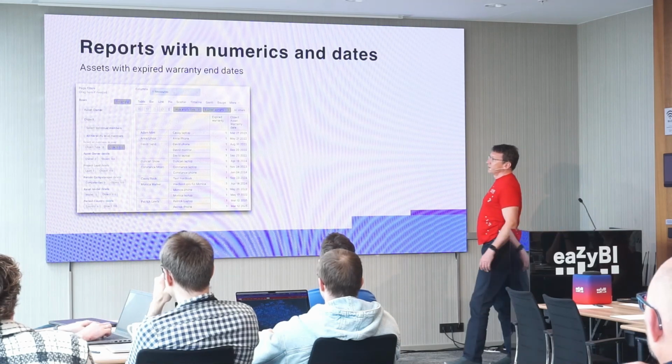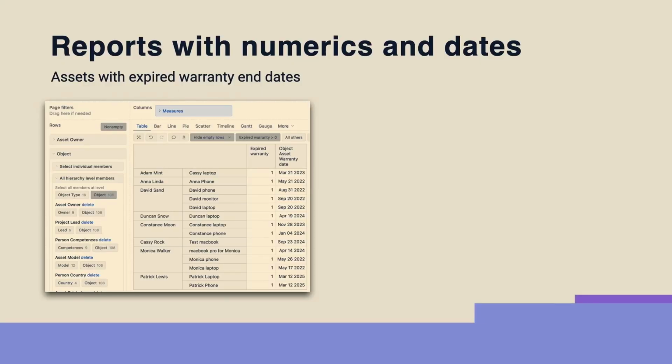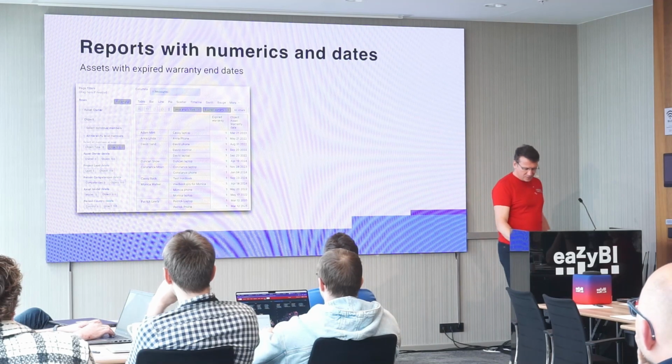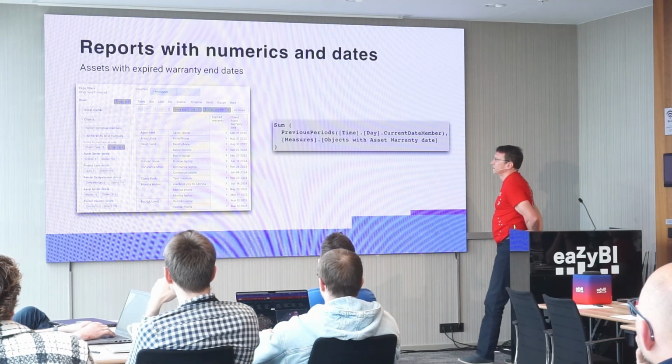We can also do this another way. Here I decided I don't need to see this on a timeline, but just to see which assets are those with expired warranties. Again, we need a bit of MDX.